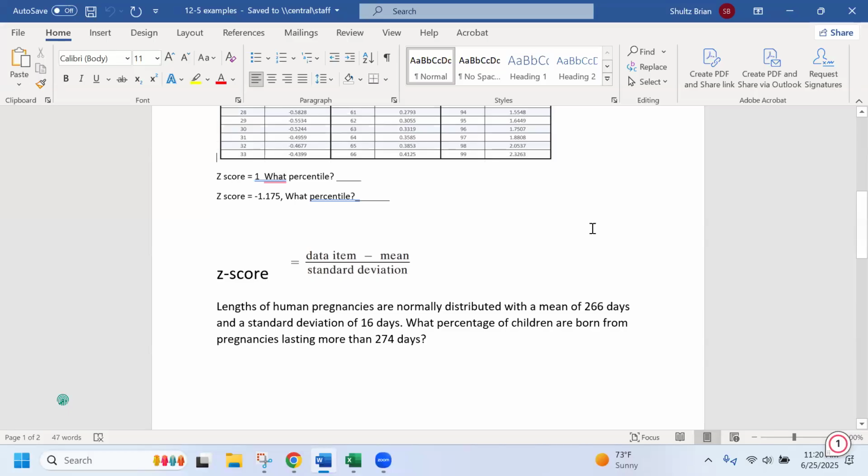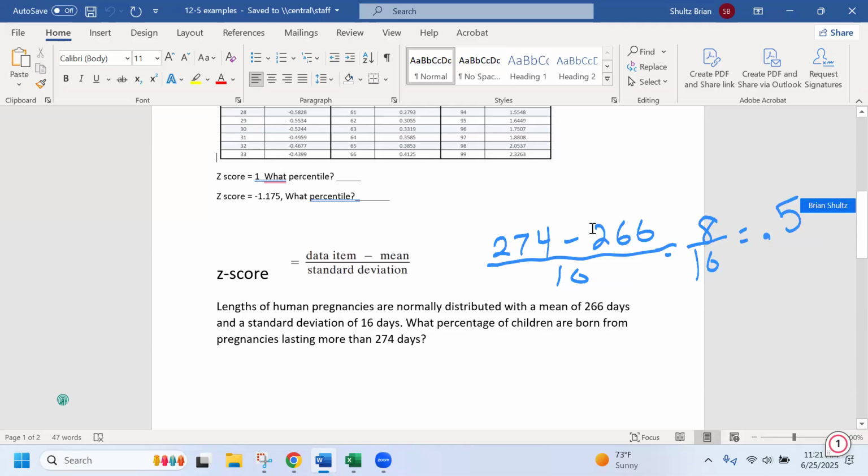The data item is 274. Subtract the mean, 266, divided by the standard deviation of 16. So 274 minus 266 is 8, divided by 16, which equals 0.5.